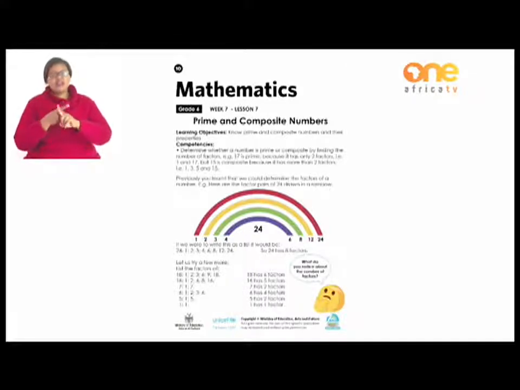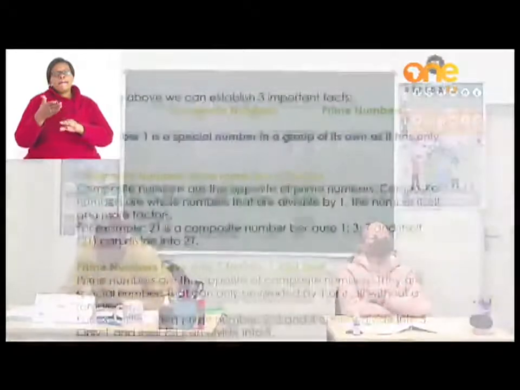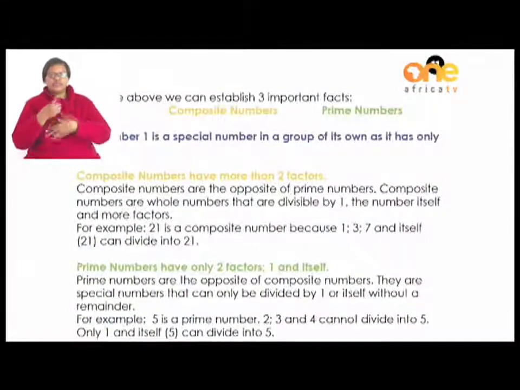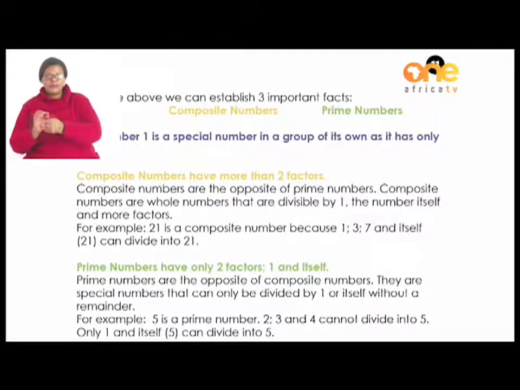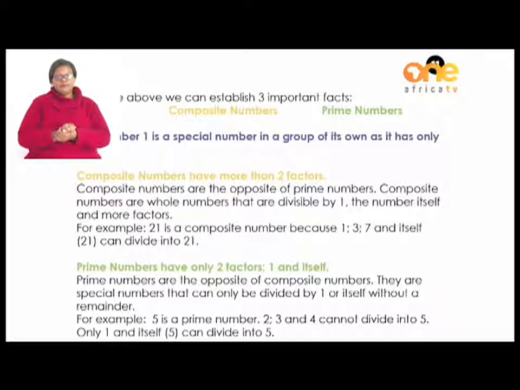Let's go back to page 11. The reason why 1 cannot be regarded as a prime number is because it only has 1 factor. In order for a number to be considered a prime number, it must have 2 factors, which is 1 and that number itself. Now let's look at composite numbers.